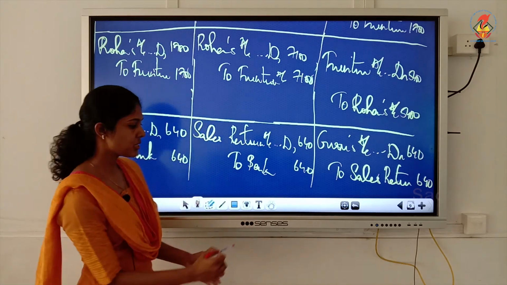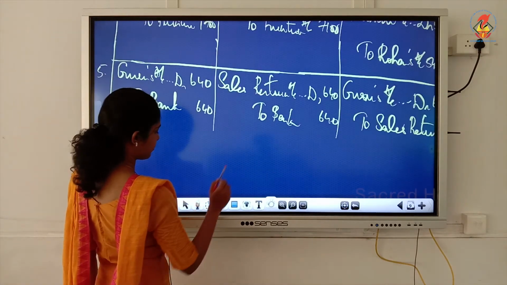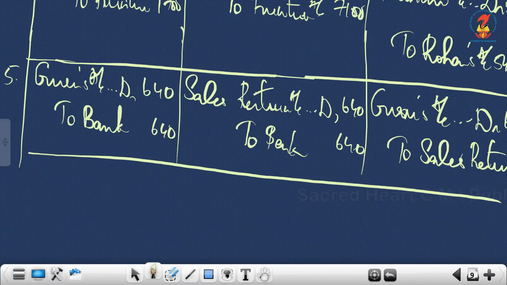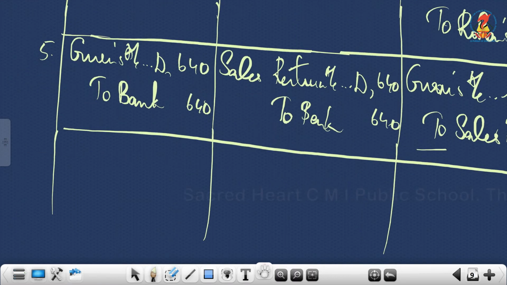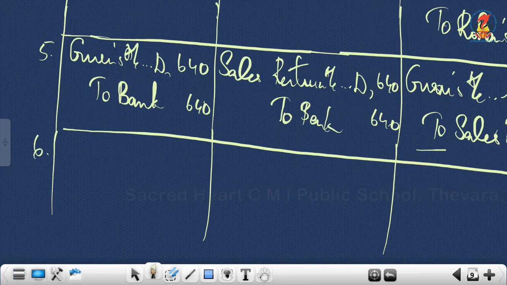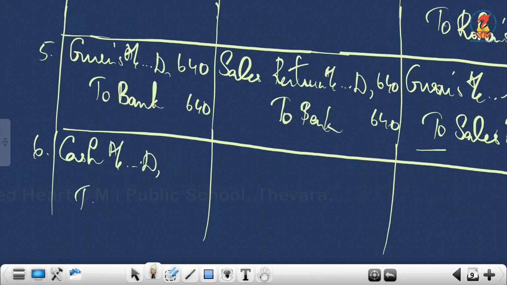So you can either write cash or bank. In your textbook they have written bank, cash is also fine since it is not mentioned as check. So cash account debtor to bad debts recovered, this is the correct entry.